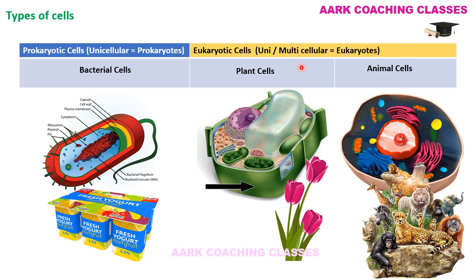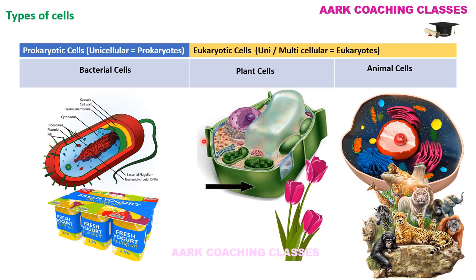Then plant cells and animal cells come under eukaryotic types of cells. Now these may be unicellular or multicellular. So these are nothing but eukaryotes. In simple words, eukaryotes have a true nucleus, a well-defined nucleus. In the case of plant cells, you can identify them very easily by looking at this structure.